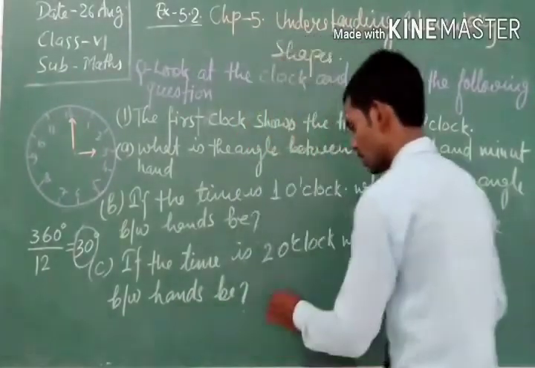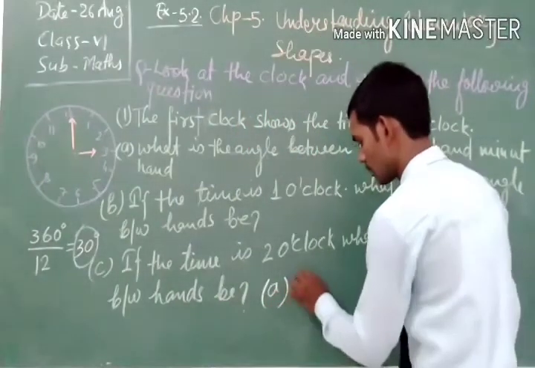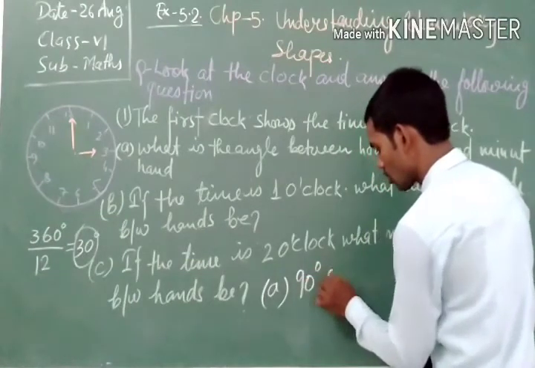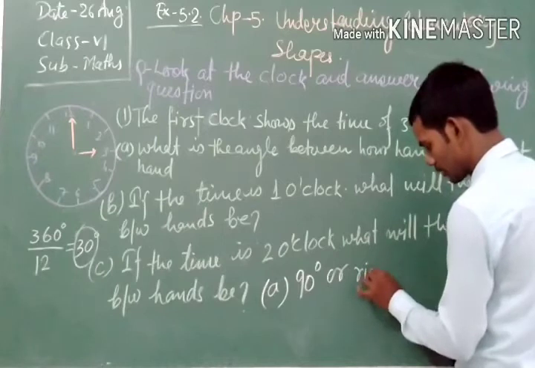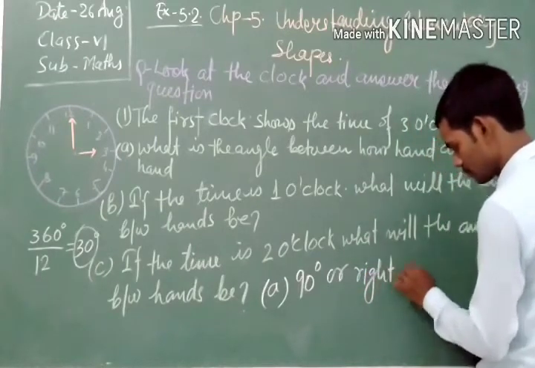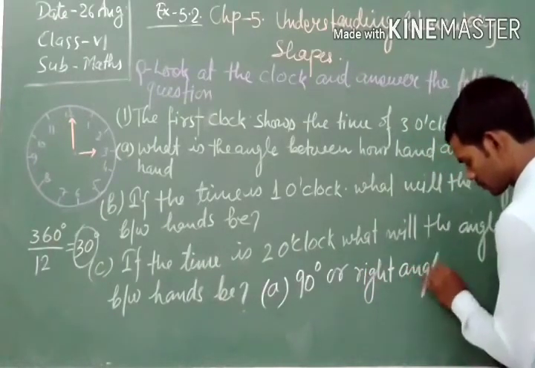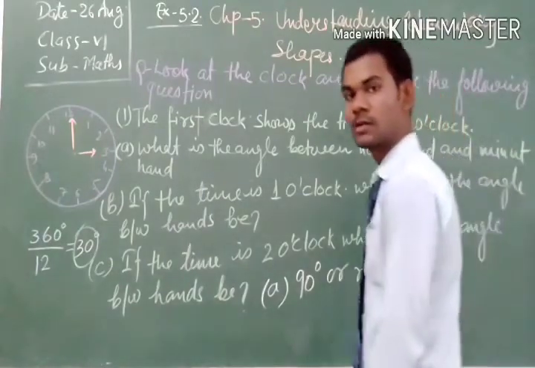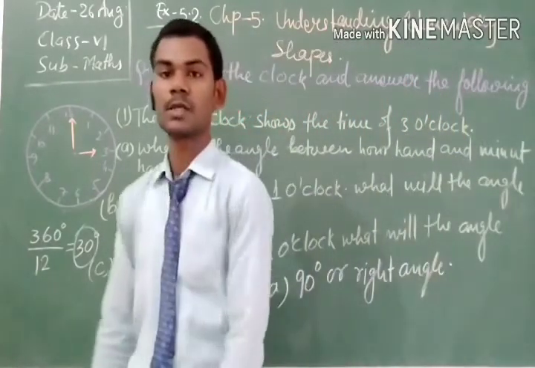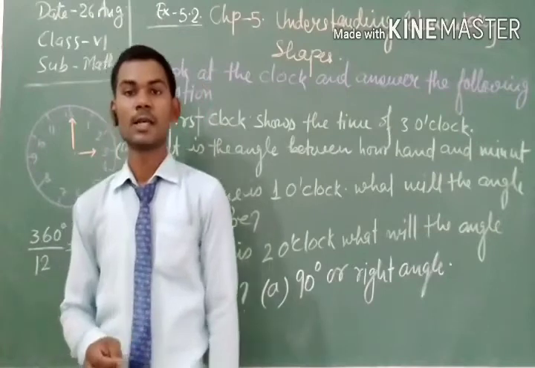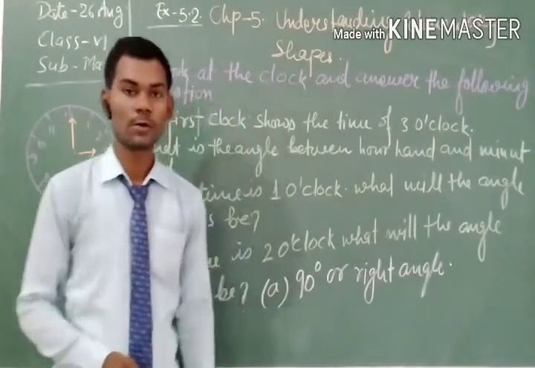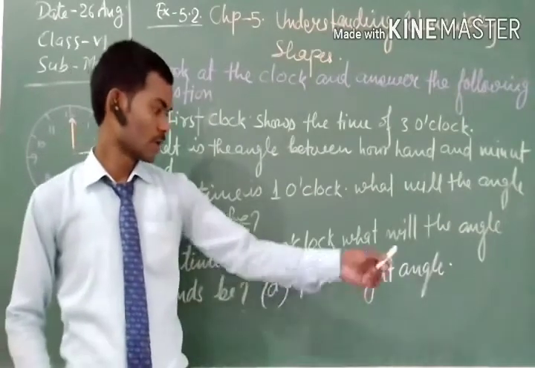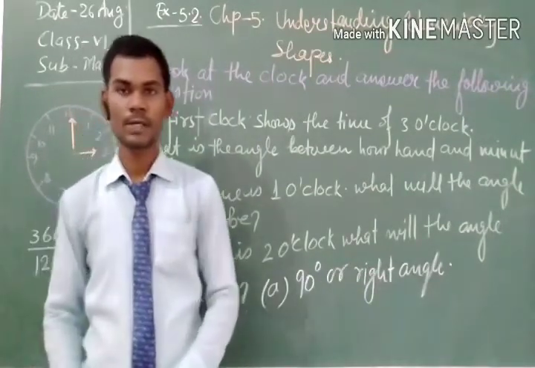So our first answer will be 90 degrees, or a right angle. As we know, an angle with a measure of 90 degrees is known as a right angle. So our first answer is a right angle, or 90 degrees.